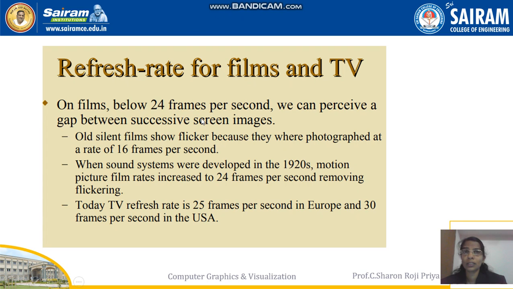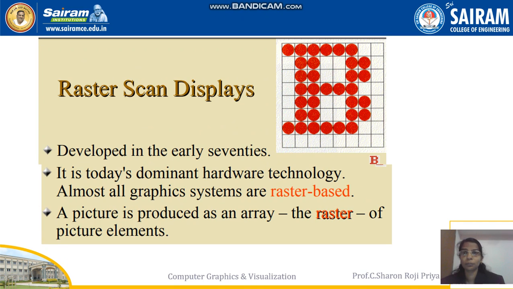Since it is less than 24, there will be flickering. After that, in the 1920s, motion film pictures increased the rate to 24, and after that it was increased to 25 in European countries and 30 in the United States.